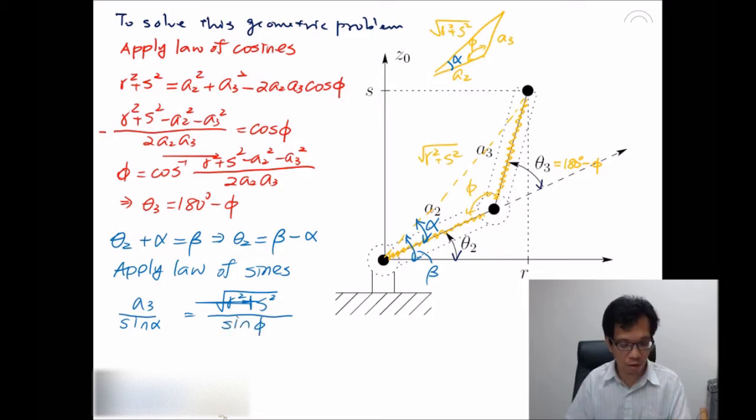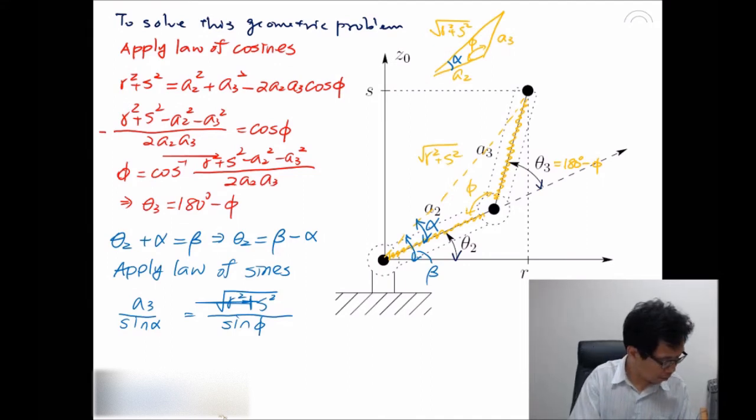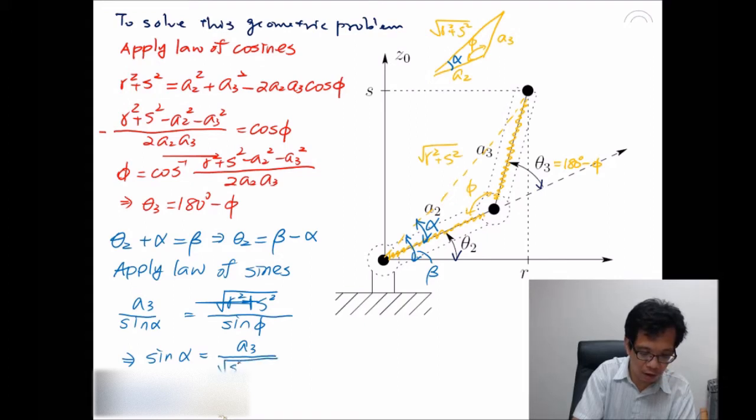So with this information defined, we know that sine alpha is going to be A3 over the square root of S squared plus R squared, times sine phi.